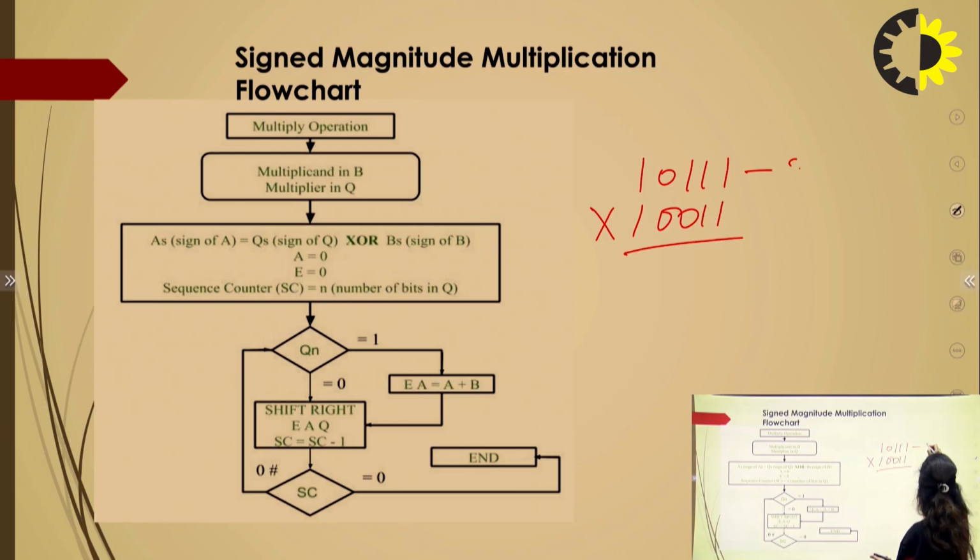So this is the binary equivalent of 23 and this is the binary equivalent of 19. So here this value is being held in Q.